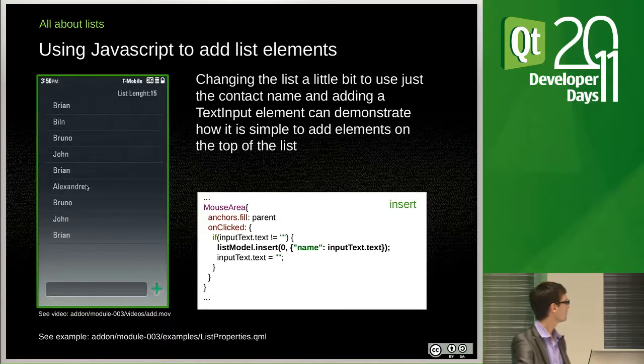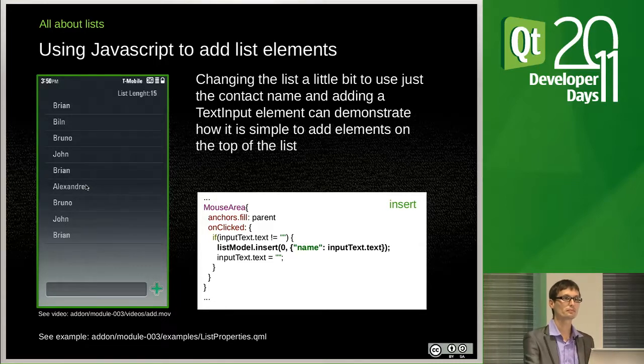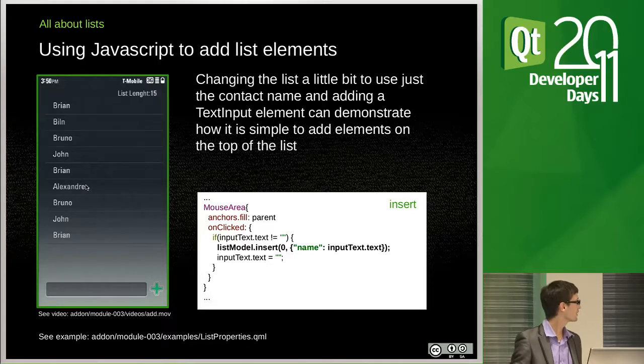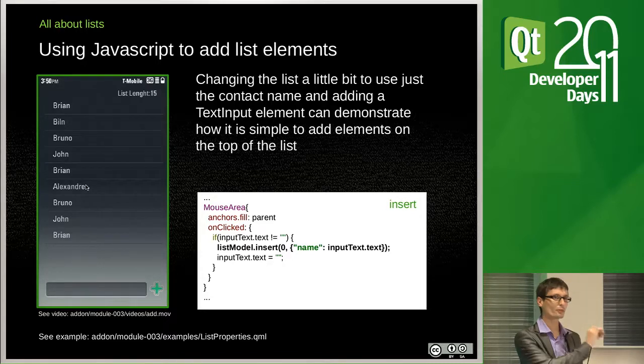For example, here, we have a simple example where we want to add an item to a list. To do that, we just create a mouse area, and when we click on the mouse area, what we do is to insert an object into our list model.